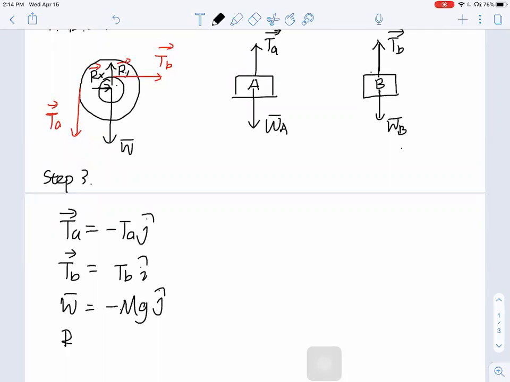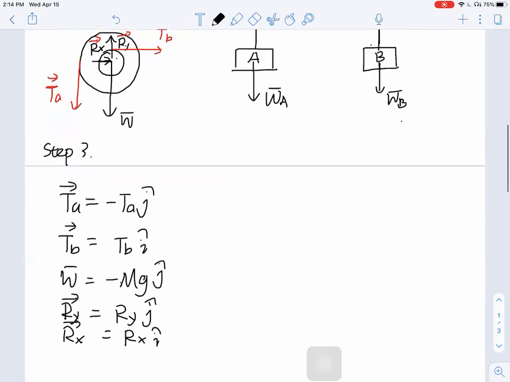And RY, we don't know the value for RY, but we know RY is in the J direction. And our RX is in the I direction. 1, 2, 3, 4, 5 forces. Now we're done with the first rigid body.